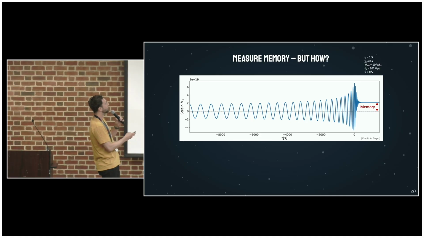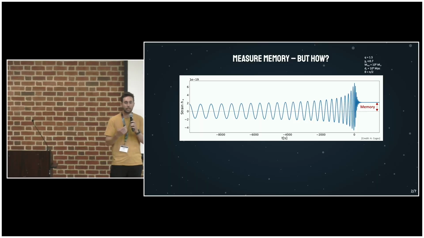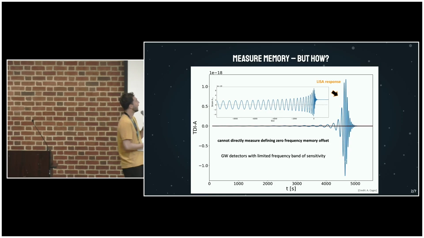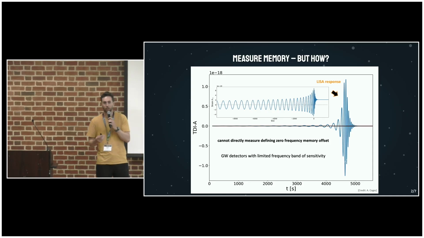The scale of the amplitude is almost as big as in the inspiral. So it's a very large effect. With our hearts full of hope, we plug this waveform into the LISA response. But then we see that, oh no, in the LISA TDI response, the memory is actually completely gone.